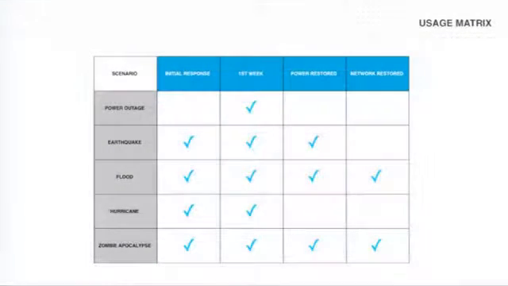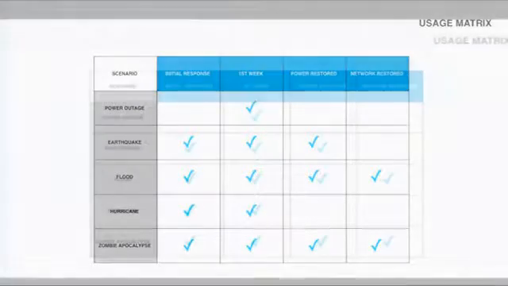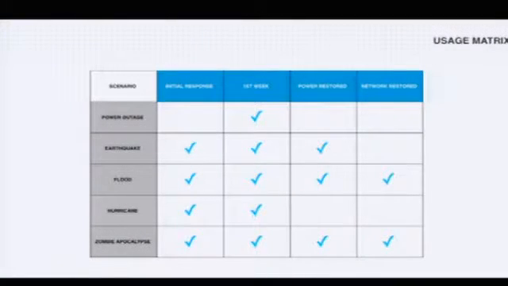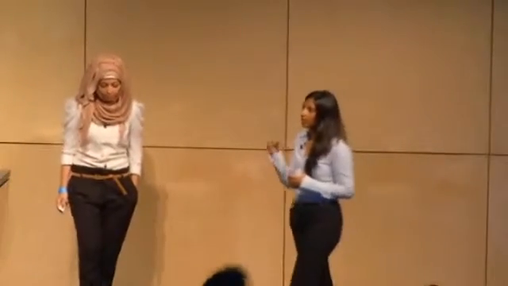Now, with the unpredictability of natural disasters, what is important to emphasize here is the fact that we envision a system like InNeed to really depend on the type of disaster that occurs and the duration of the disaster.